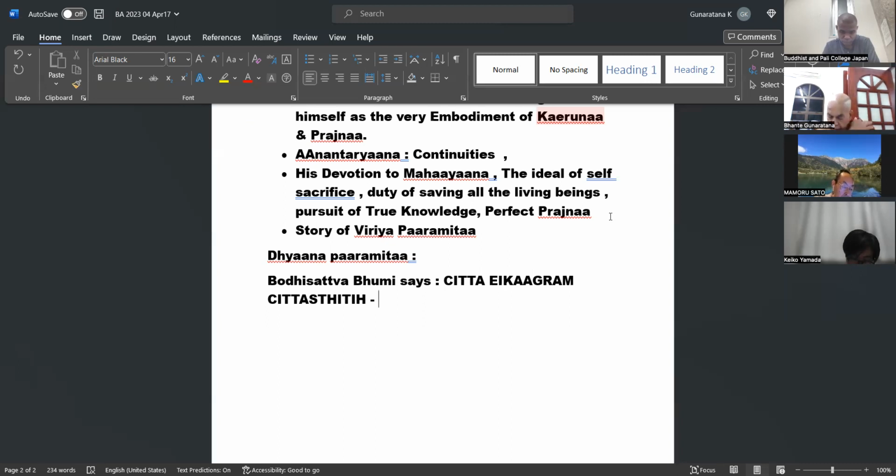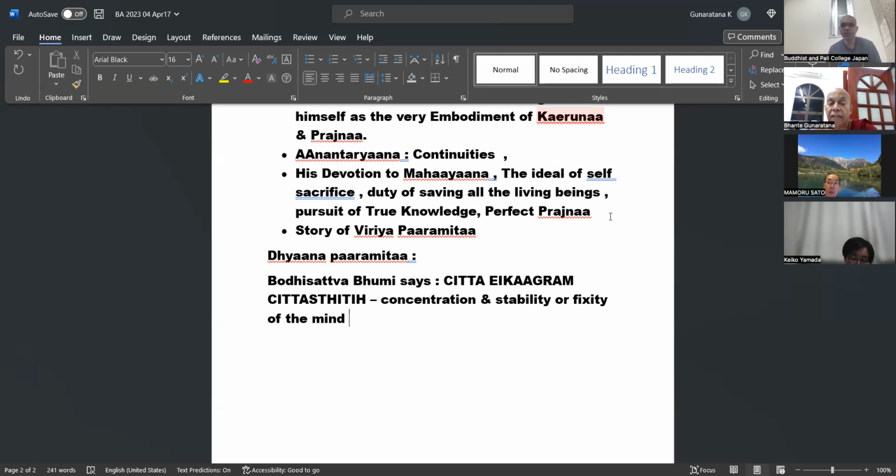Remember this meaning: concentration and stability, or fixity of the mind. This is called Dhyana Paramita.